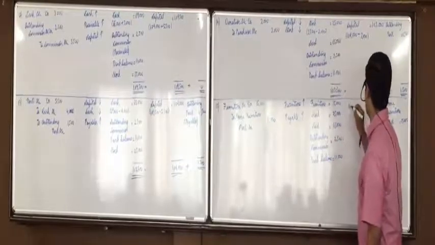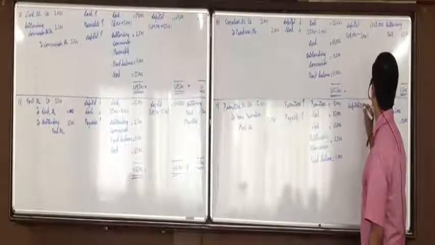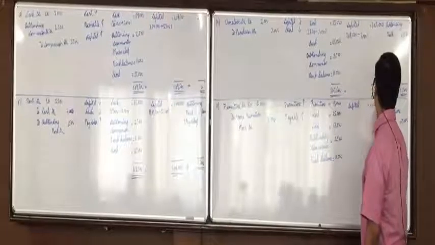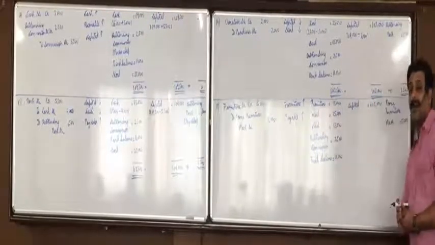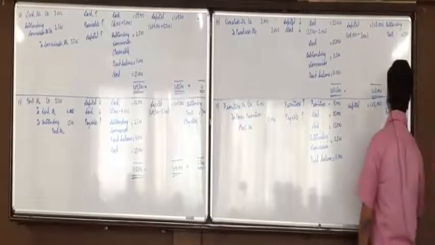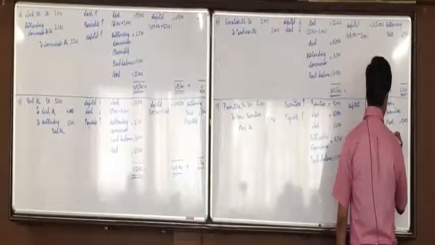Capital 1,02,000 as it is. And outstanding rent 1,500 as it is.